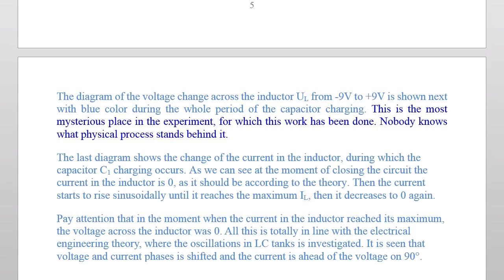The last diagram shows the change of the current in the inductor, during which the capacitor C1 charging occurs. As we can see, at the moment of closing the circuit, the current in the inductor is 0, as it should be according to the theory. Then the current starts to rise sinusoidally until it reaches the maximum IL, then it decreases to 0 again.